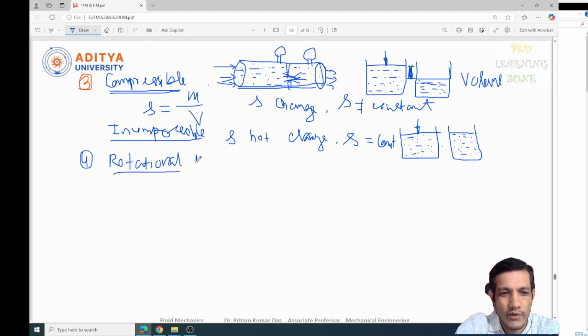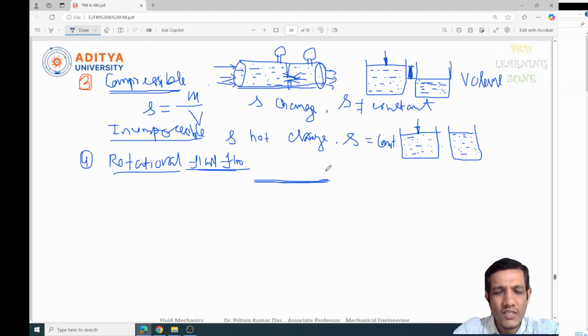So this is rotational fluid flow. Which one can we call the rotational fluid flow? Suppose the fluid is flowing. As I told you, let's consider a line here, and this line is the streamline of the fluid which is flowing.